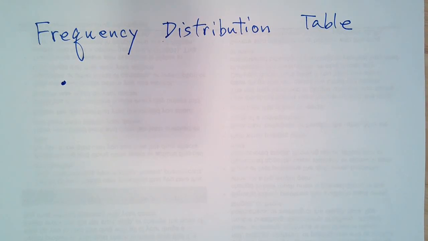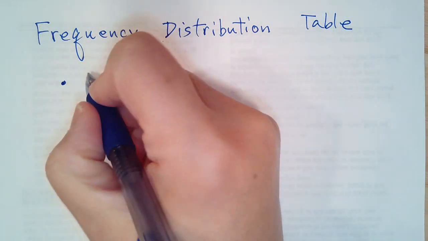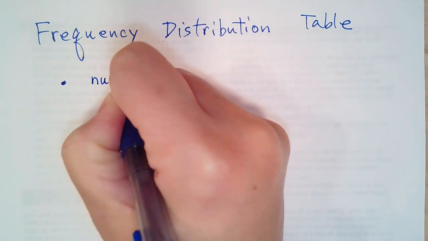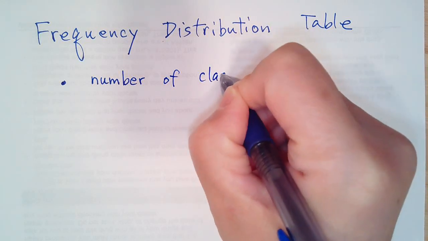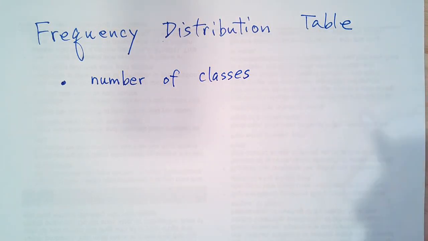The first basic concept is the number of classes. How many groups, or how many classes, would we like to put all the numbers into?